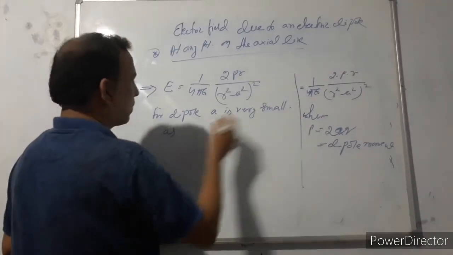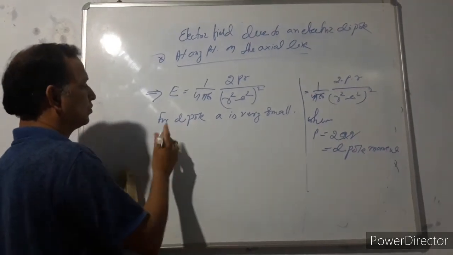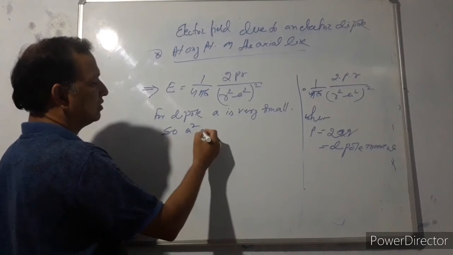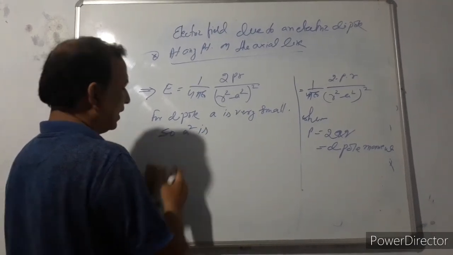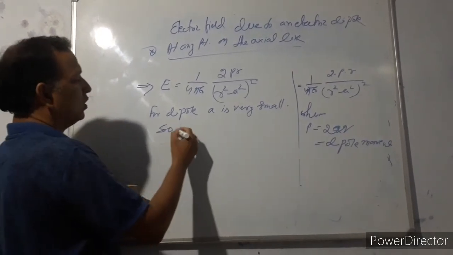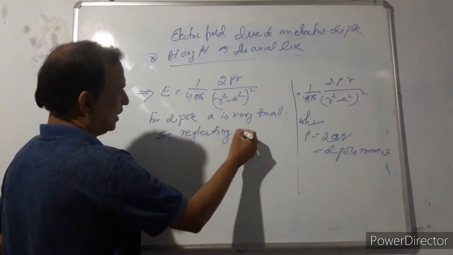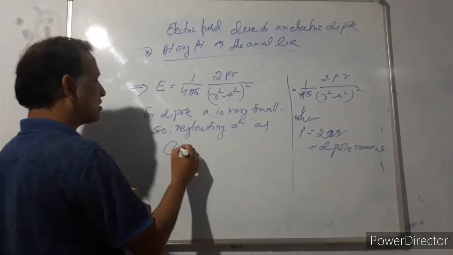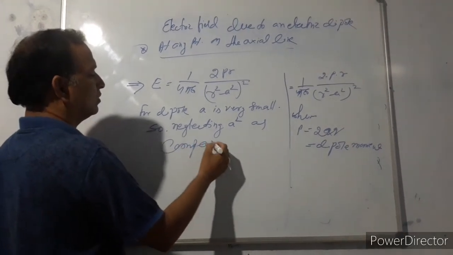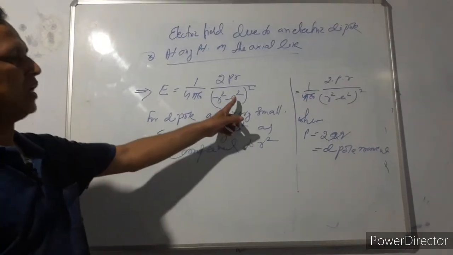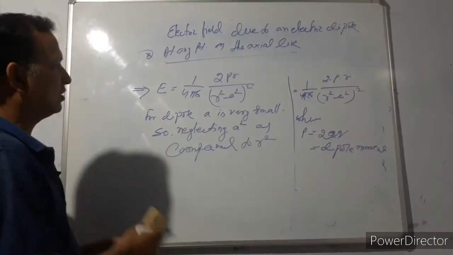So neglecting a square as compared to r square, that means a square is neglected.